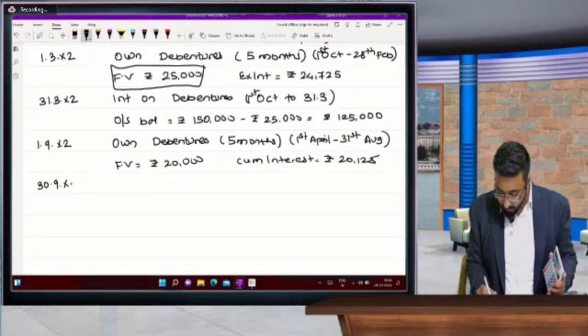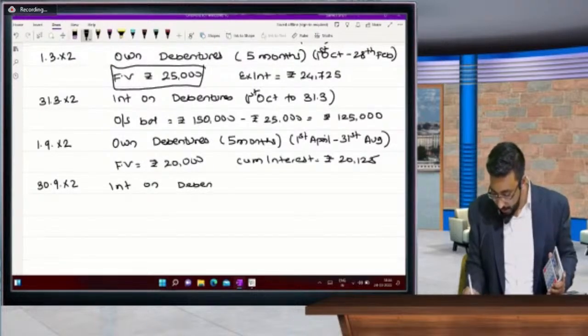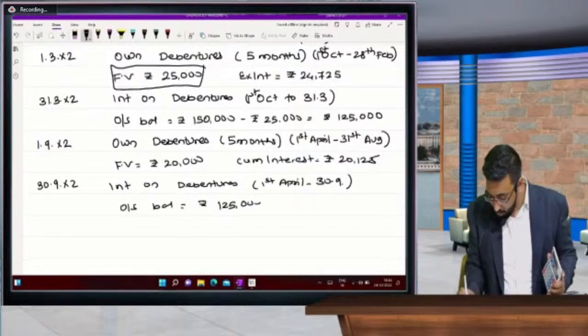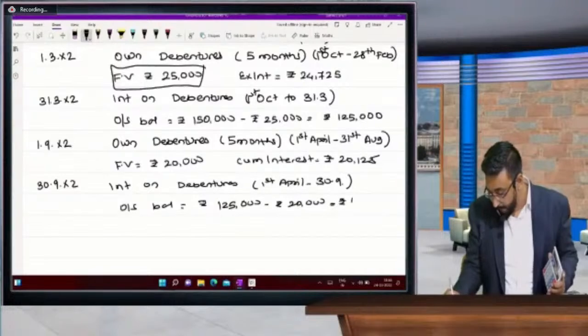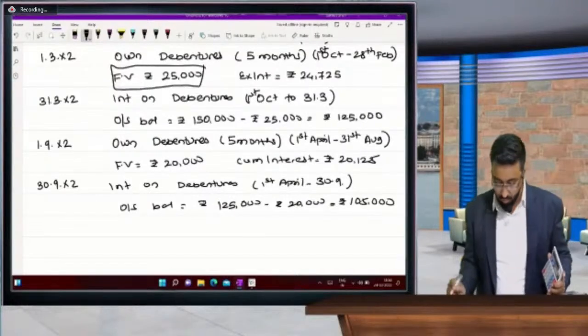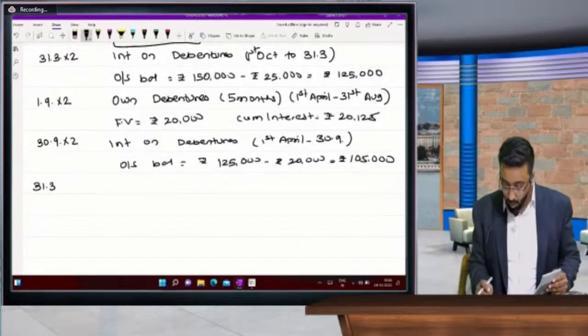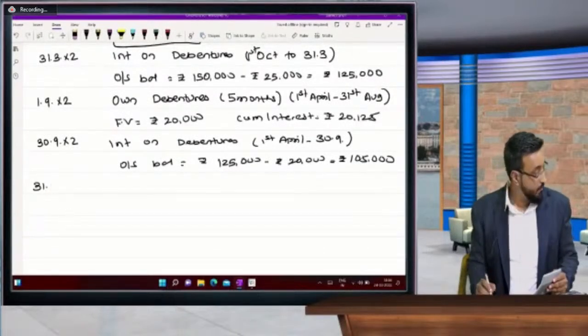Next date, 30th September. Again, interest on debentures from 1st April to 30th September. Outstanding balance: 1,25,000 minus rupees 20,000, rupees 1,05,000. And most important, 31st December.